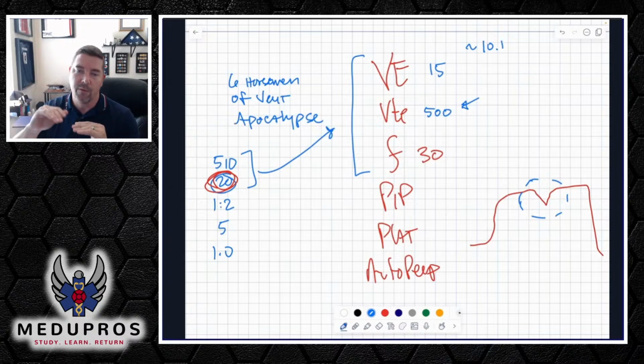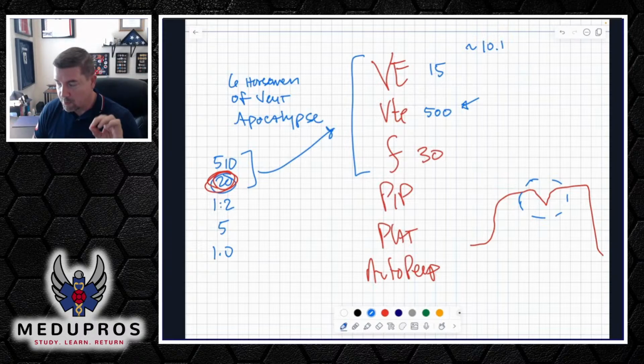Because typically if your frequency is higher than your set rate, and some of the vents call these a little different things, but in the end what we're talking about is there's a setting of the rate, and then there's a measured actual rate that the chest rises and falls. So in this particular case, one of two things happens: either they're waking up and breathing, or something is causing the air in the tube to jostle, causing the vent to think the patient's taking a breath, and then it fires a machine breath.